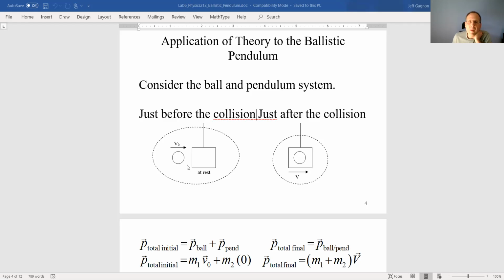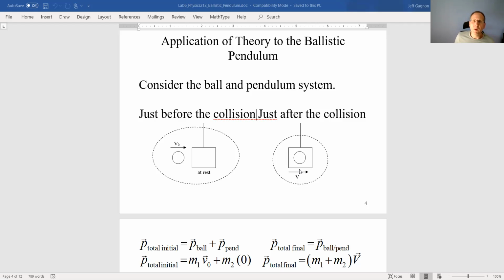So this is right before the collision. And this is the case where the ball embeds itself into the pendulum. This is right after the collision. So now the pendulum and the ball are going to move off with a velocity we now call capital V. Before, the pendulum was at rest and the ball leaves the gun at V0. So during this collision, we can say momentum is conserved, right? So the momentum before the collision should equal the momentum right after the collision.